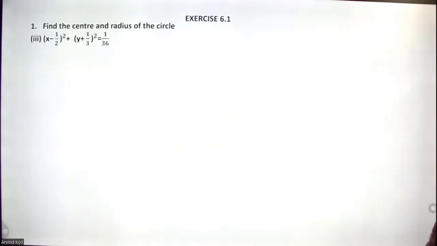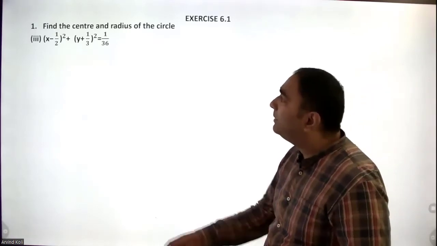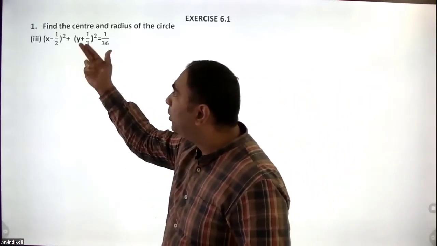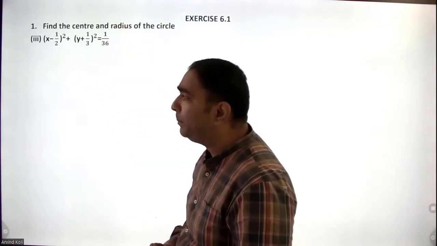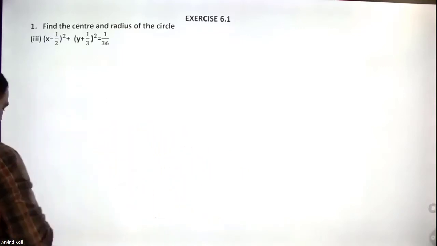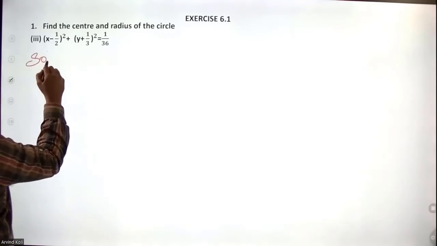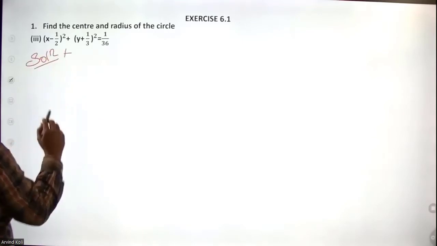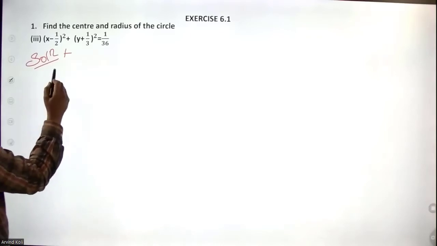Next, find the center and the radius of the circle. The given circle this time is x minus 1 upon 2 the whole square plus y plus 1 upon 3 the whole square is equal to 1 upon 36. Now this time we'll say once again comparing with, इस बार मैं डायरेक्टली लिखता हूं.